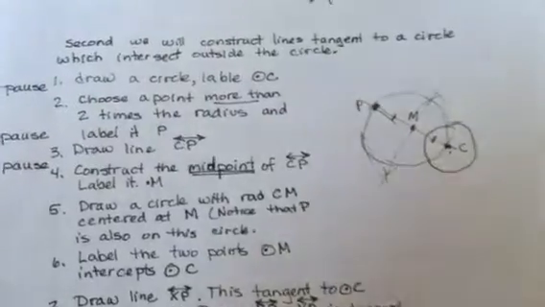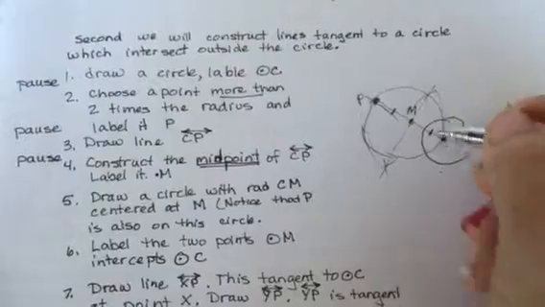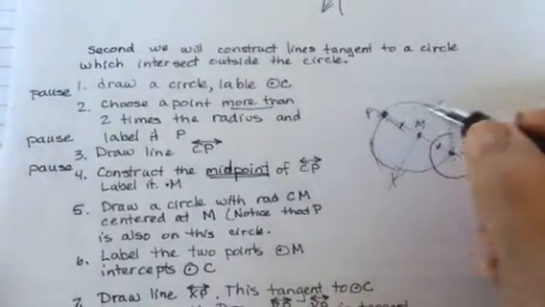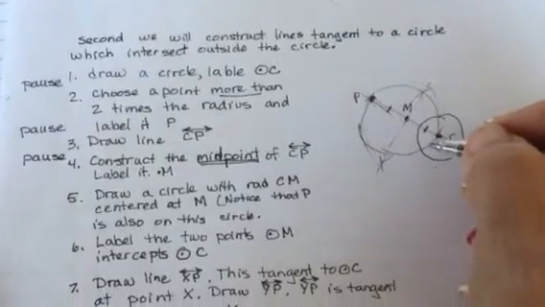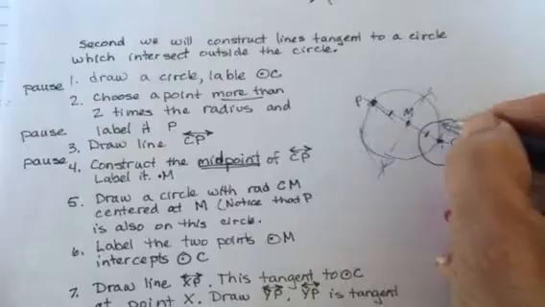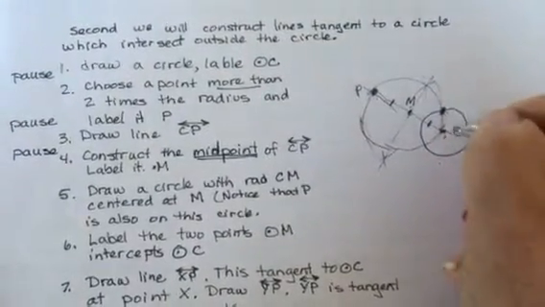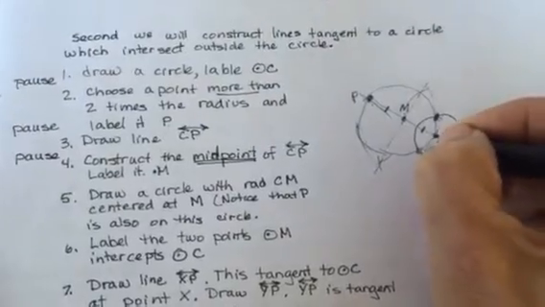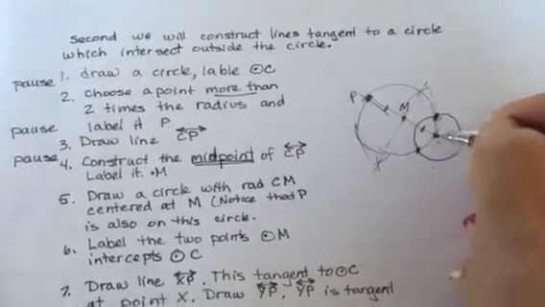Yours needs to be constructed. Notice that P is on the circle. Label the 2 points of circle M that intersect circle C. So right here is one point of circle M which intersects circle C, and another point of circle M that intersects circle C.